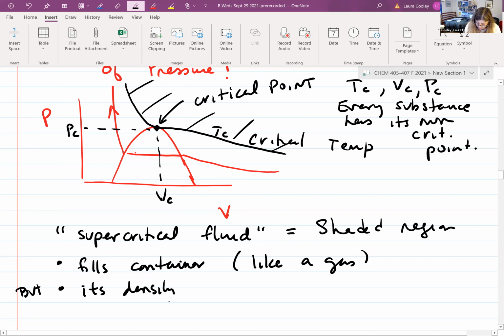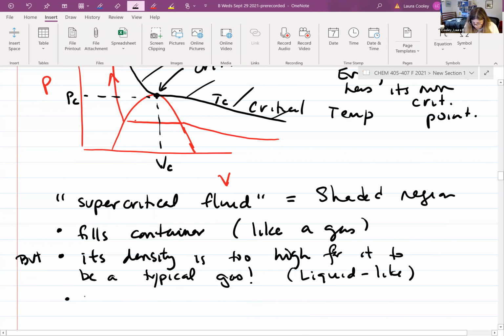So it's sort of got a liquid-like density. But there are no droplets. There's one phase. In other words, you don't have gas and liquid where you see a line in between them. It's just one phase completely.